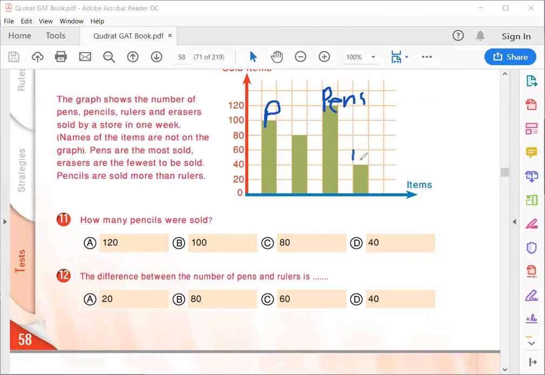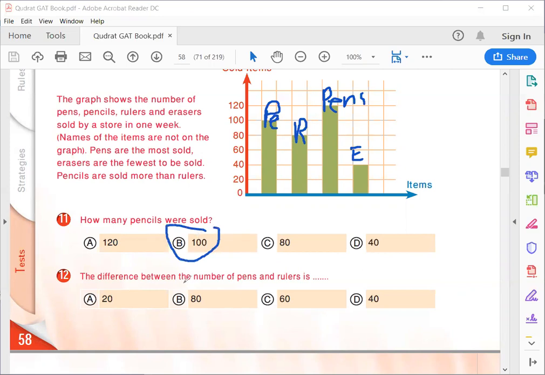Where is it? This eraser. I write it. Yes, it is B, right. Pencils are sold more than rulers. Here, rulers, and this pencil. So how much is pencil? The answer is 100, right?